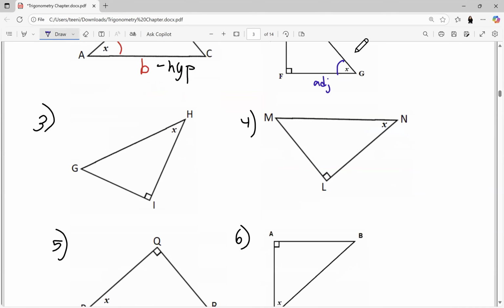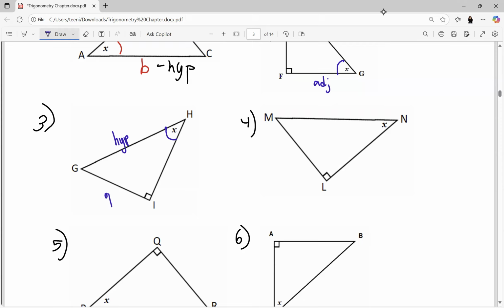All right. Matthias, are you there? Yes, miss. Okay, tell me which side is the hypotenuse in question three? GI. No, actually it's GH. Yeah, I get mixed up. GH, yeah, because it's the side opposite the right angle. Good. And then where would be the opposite side? GI.